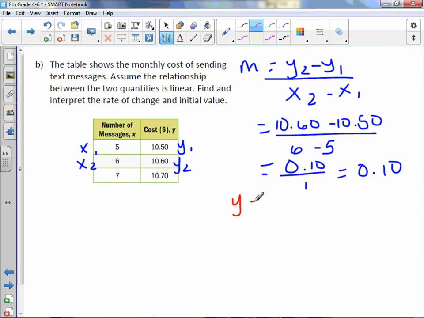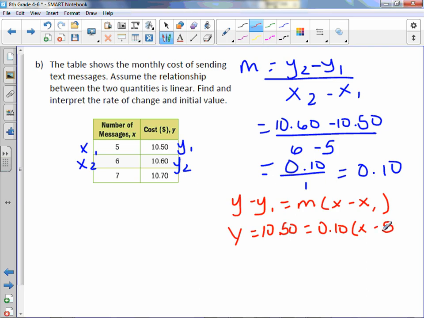Our point-slope formula, y minus y1 equals m times x minus x1. y minus 10.50 equals 0.10 times x minus 5.